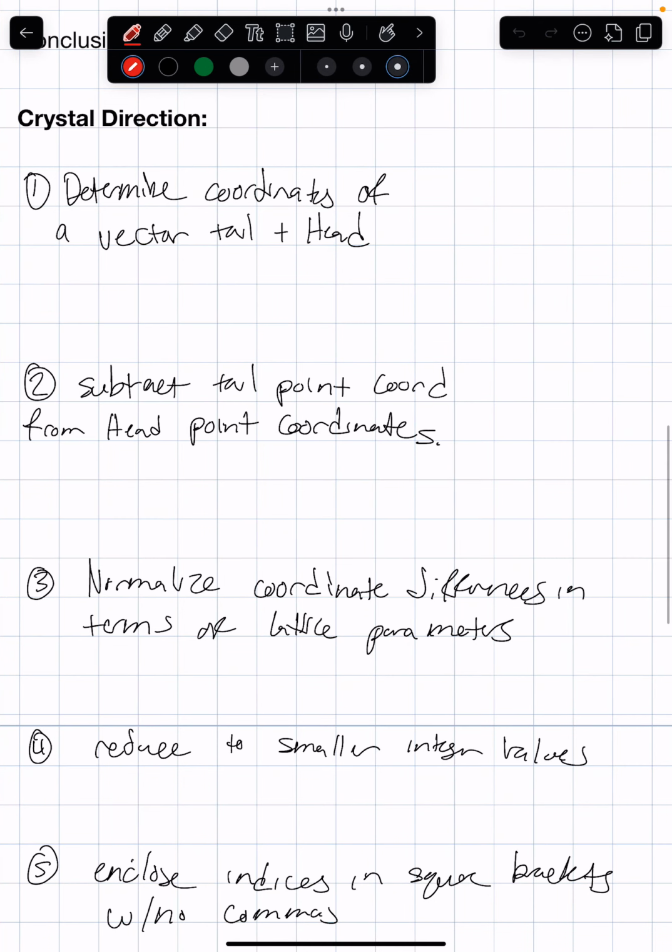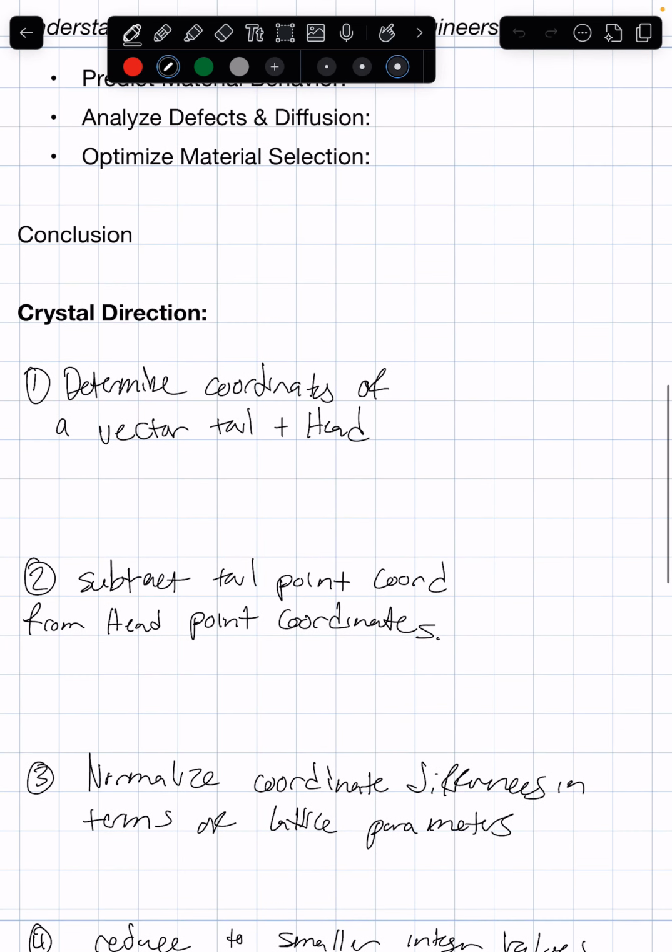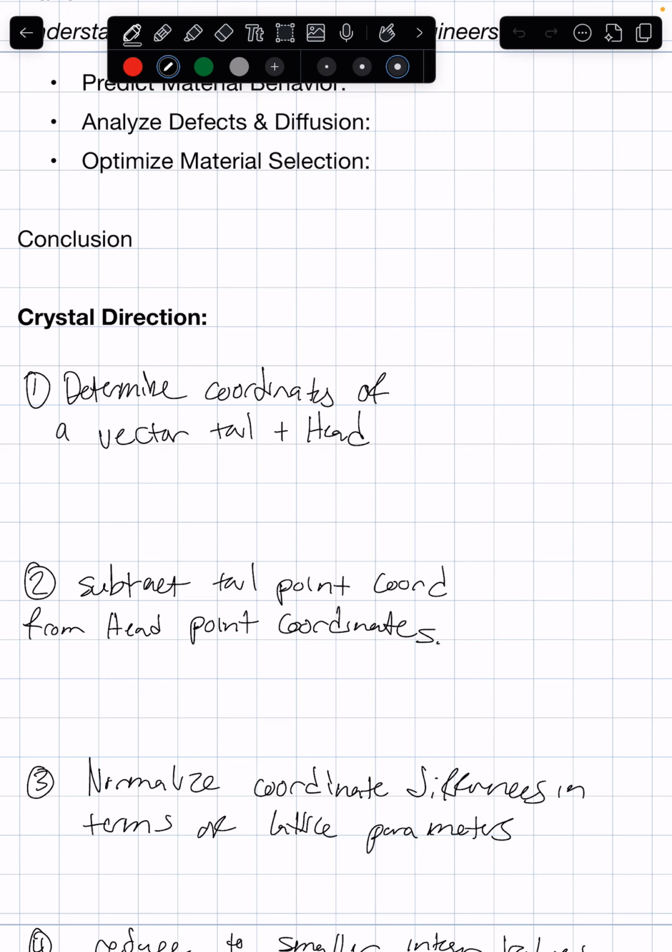All right, everyone. We're going to dig into part 2 of module 3. In this specific case, we're going to be looking at crystal direction. In this mini segment, we're focusing on how to determine crystallographic direction at the unit cell. We'll start with that.